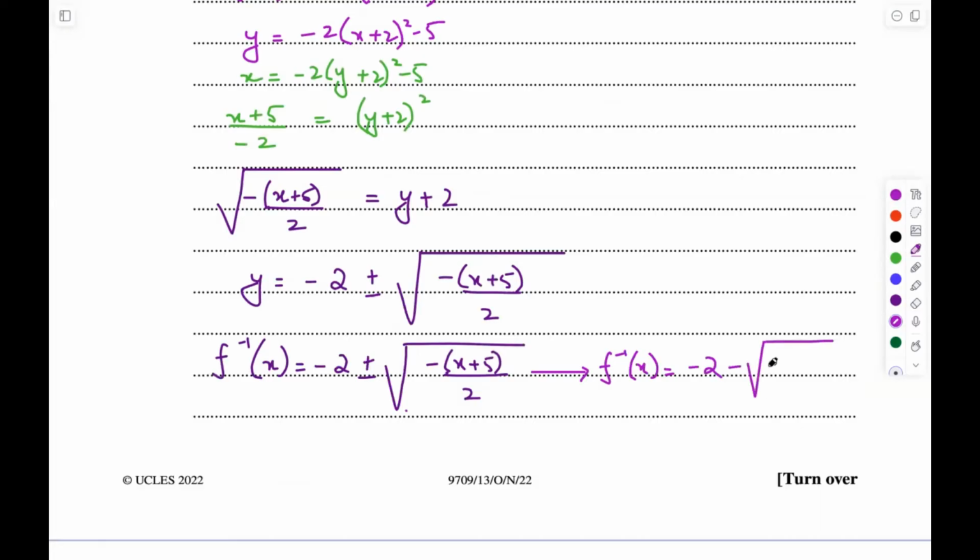So the final answer will be minus 2 minus the square root of ((minus x plus 5) upon 2), as we have to make sure that the range of f inverse of x must be equal to the domain of f of x, which is x less than minus 3. So f inverse of x must also be less than minus 3.